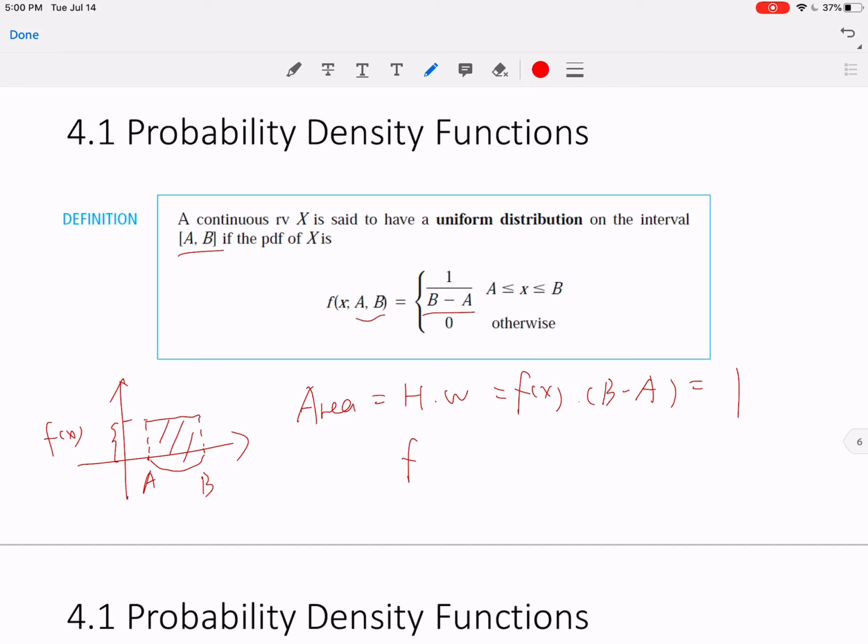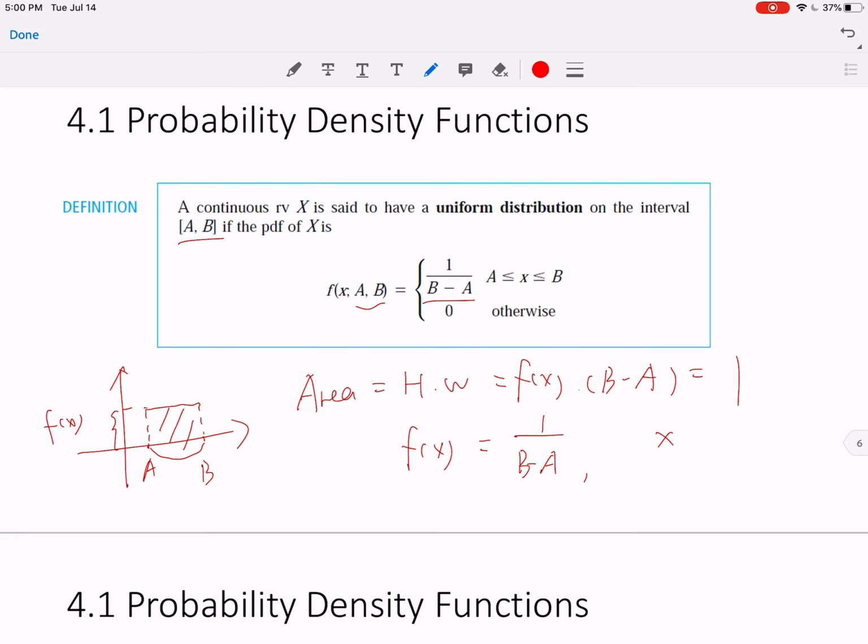So solving for f of x, that would be equal to 1 over b minus a, for x greater than or equal to a and less than or equal to b. In the general form of the PDF, it is 0 otherwise. That's how we find the PDF of a uniform distribution with a given interval.